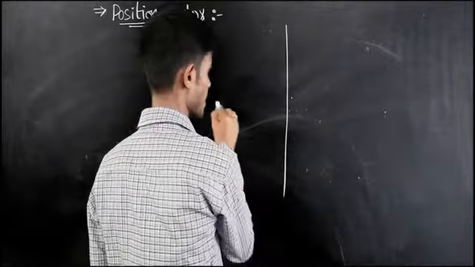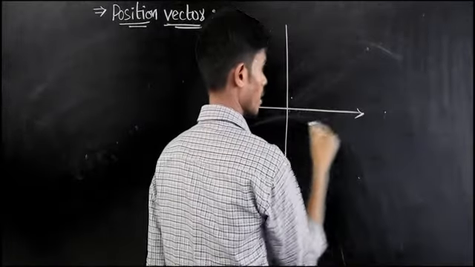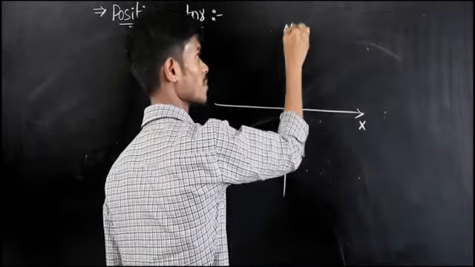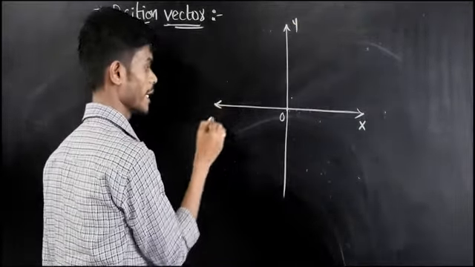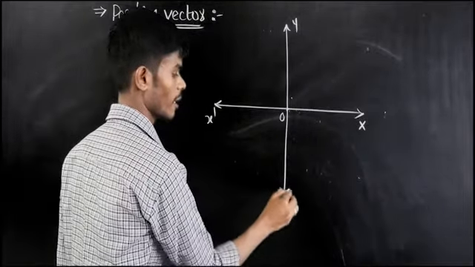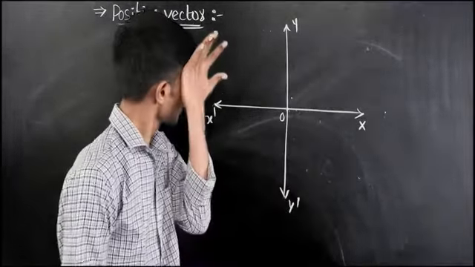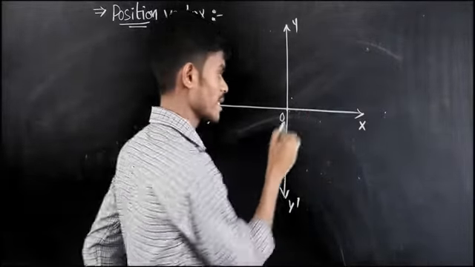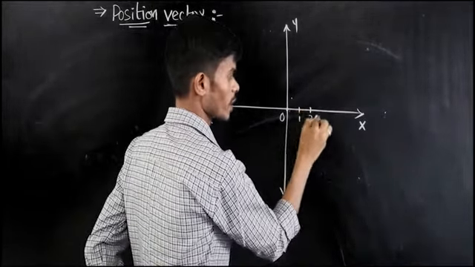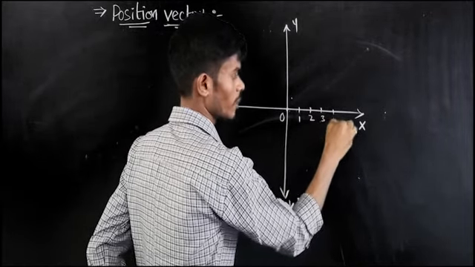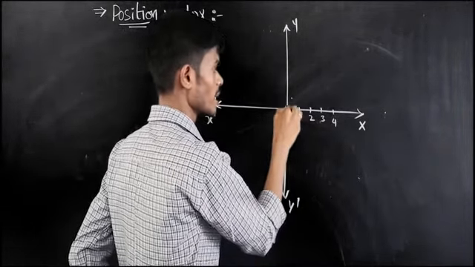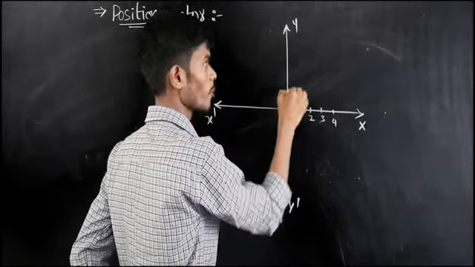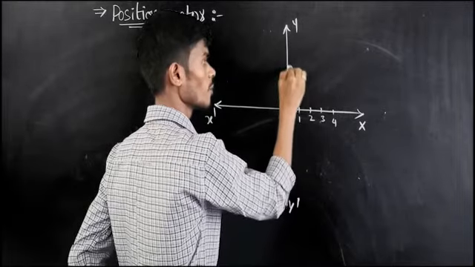Draw the x-axis and y-axis. This is the origin O. This is the positive x-axis. This is the positive y-axis. Negative x-axis, x dash, and negative y-axis, y dash. On the right-hand side of the origin there are positive values 1, 2, 3 and so on. The y-axis is the vertical line, so the positive y-axis means 1, 2, 3.